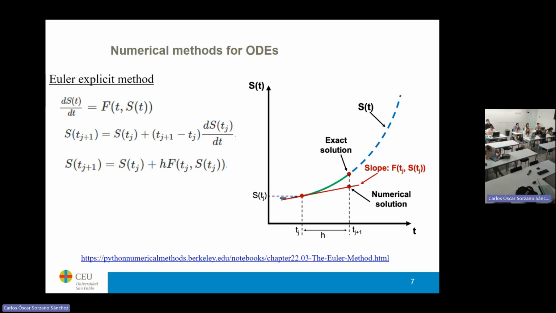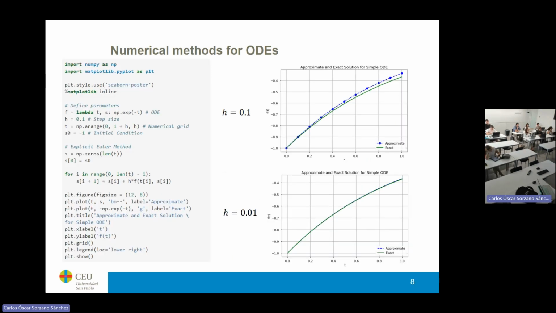That means more errors will accumulate, and they may eventually become irreversible. If you make the time step much smaller, the numerical solution and the exact solution are much more similar. So this is the explicit Euler method to solve differential equations.